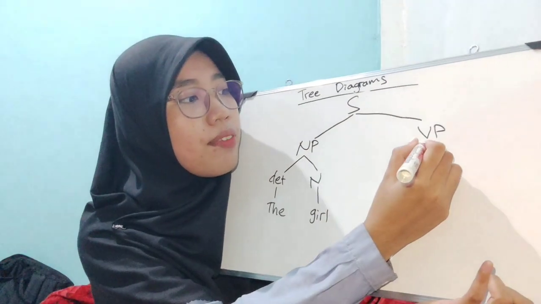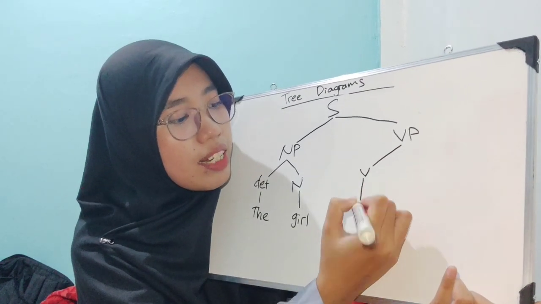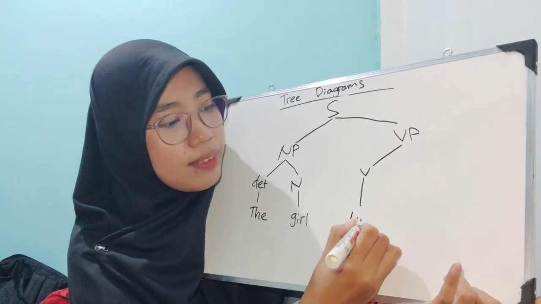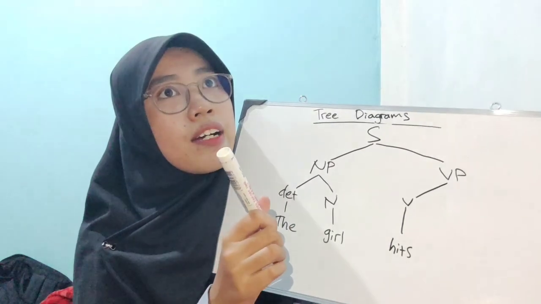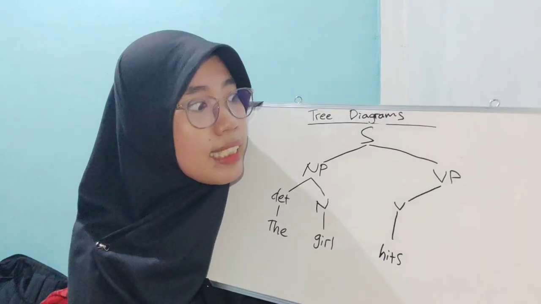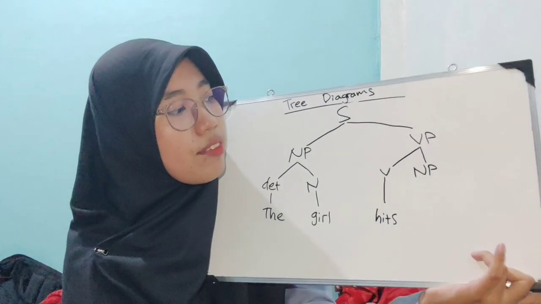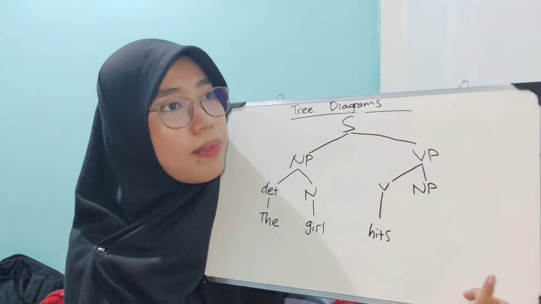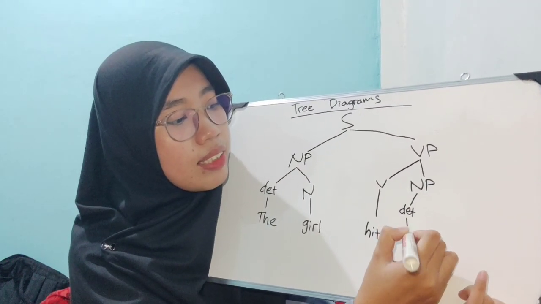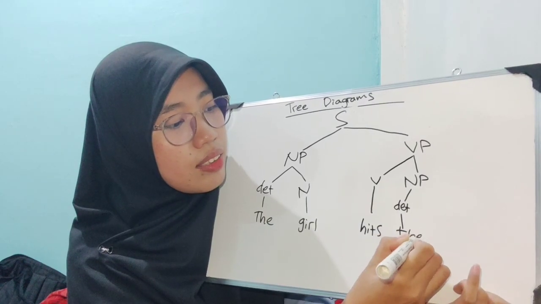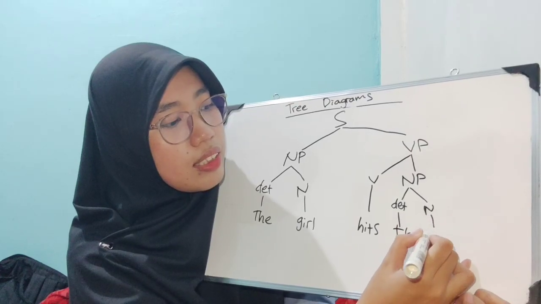And then what is the verb phrase in the sentence the girl hits the boy with sticks? First there's a verb. The verb that we have is hits, right? And then the boy, what kind of phrase is the boy? It is a noun phrase, and because it's specific, there is the determiner the, and then the noun, that is boy.